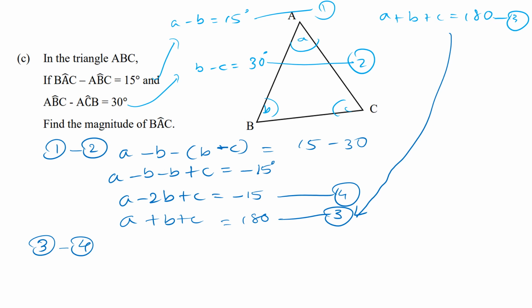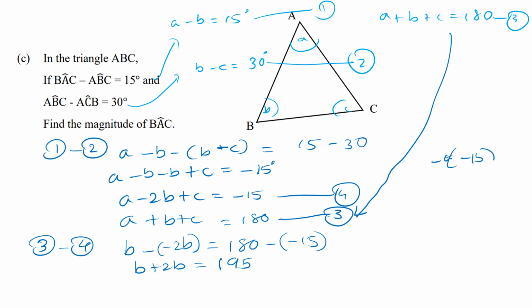Then A and C cancel out, and B minus 2B is equal to 180 minus 15. That means B plus 2B is equal to 195, because the minus 15 is going to be plus 15, right?